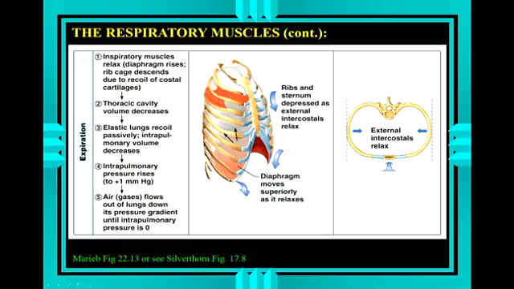fibres of the diaphragm lengthen passively, becomes more dome-shaped, pushes superiorly. The external intercostal fibres lengthen passively, and hence the rib cage moves downwards and flattens inwards. So the sternum moves inwards, closer to the dorsal part of the cavity.